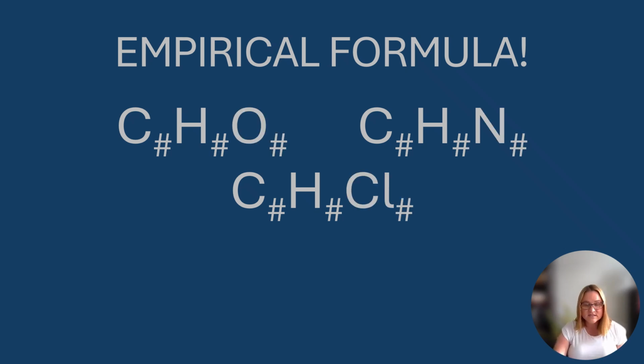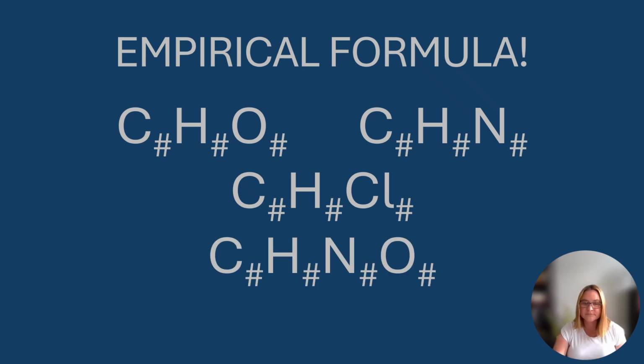The whatever else has to be the most electronegative or the closest to fluorine, and it should go at the very end. So if you have 4 or more atoms, they should go carbon, then hydrogen, then whatever is furthest from fluorine, and then whatever is closest to fluorine, like this.